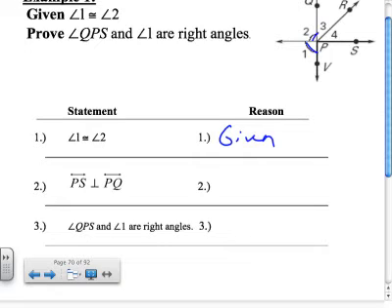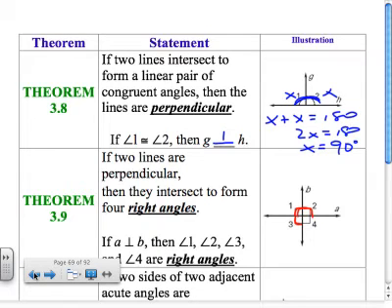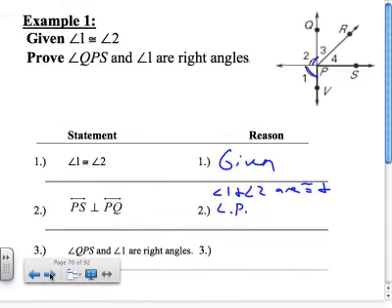So all we're going to say here is angle 1 and angle 2 are congruent and form a linear pair. If we wanted to simplify things, we could go back and say, oh, that's theorem 3.8. These two angles are congruent and form a linear pair.